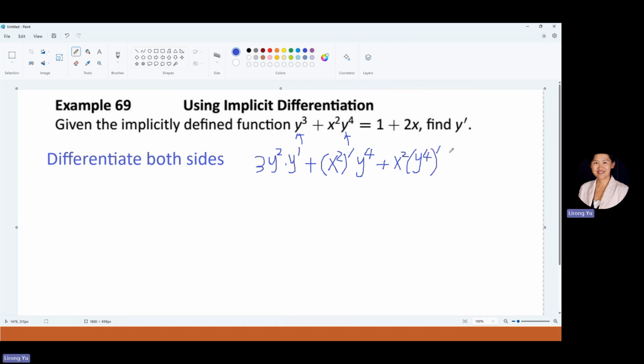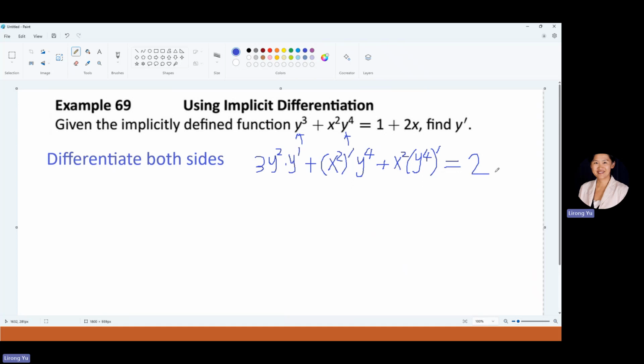I'm using this notation to make sure I'm doing the product rule correctly, because sometimes when we're rushed, we tend to make small mistakes. For the right side, the derivative of 1 is 0, and the derivative of 2x is 2. So that's 2 on the right side.